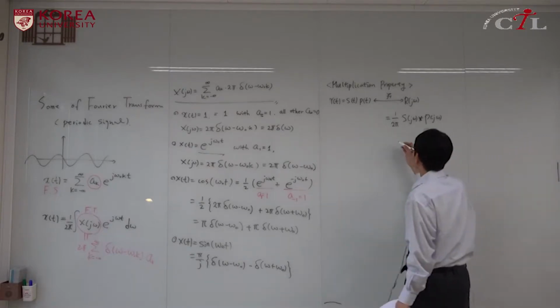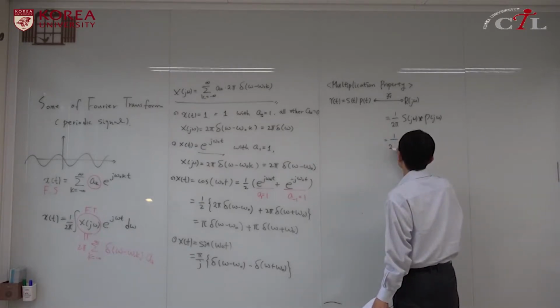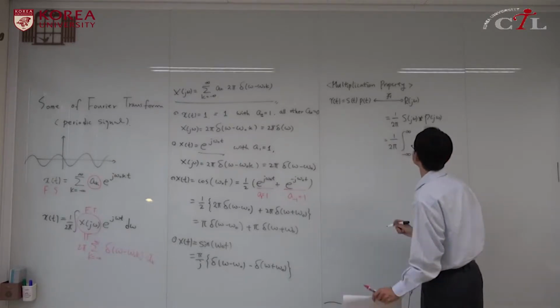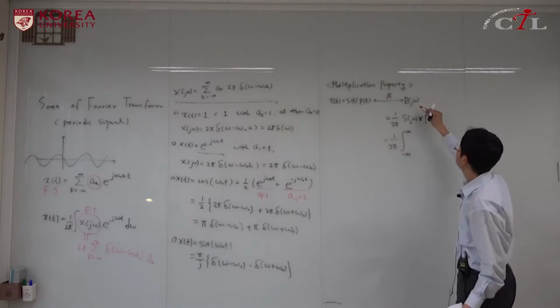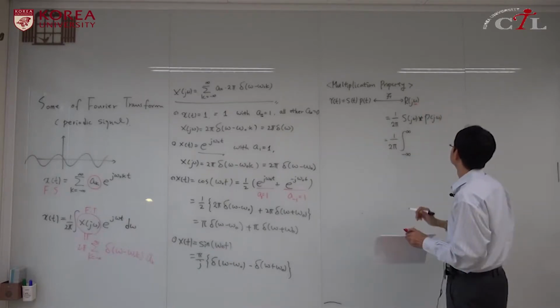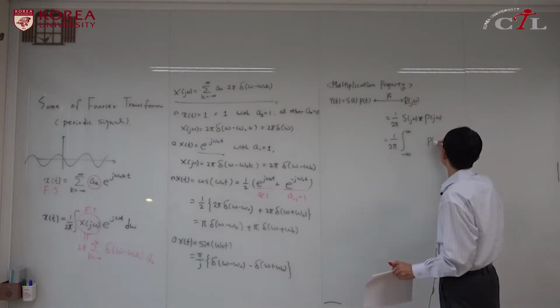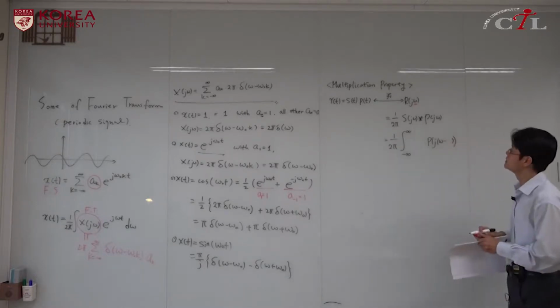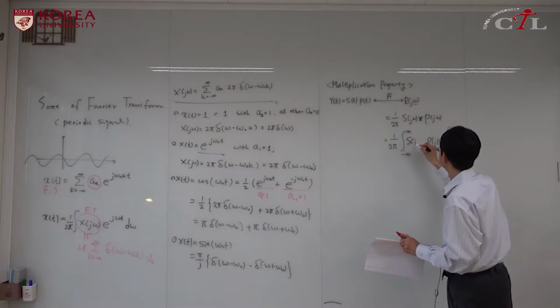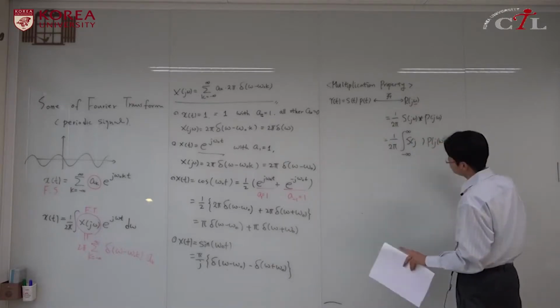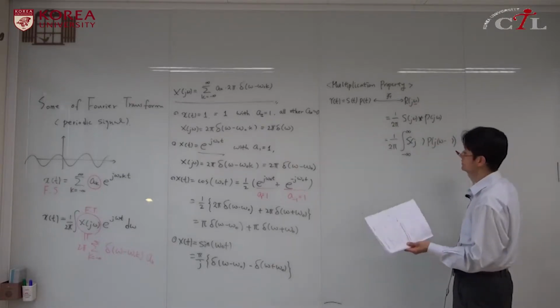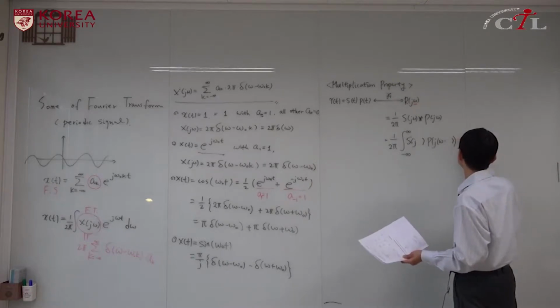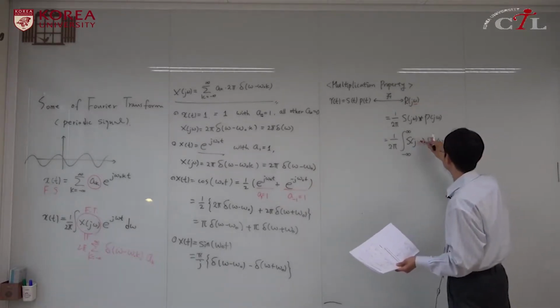So writing them down in a convolution form gives the integral from minus infinity to infinity of S(j theta) times P(j(omega minus theta)) d theta, where theta is any arbitrary variable, for example tau or whatever, and here we select theta.